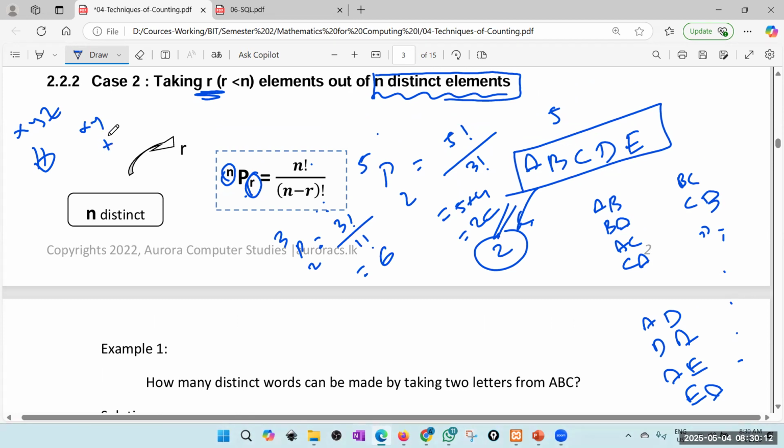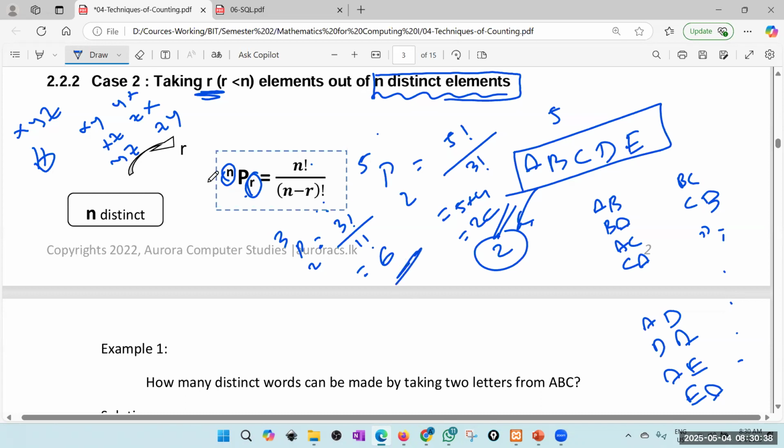XY, XZ, YX, ZX. That is XY, YX, XZ, ZX. Then YZ, ZY. Do we have anything else? No. All are covered. Look, is there any other way? There is no other way. Okay? So yes, there are only 6 ways.